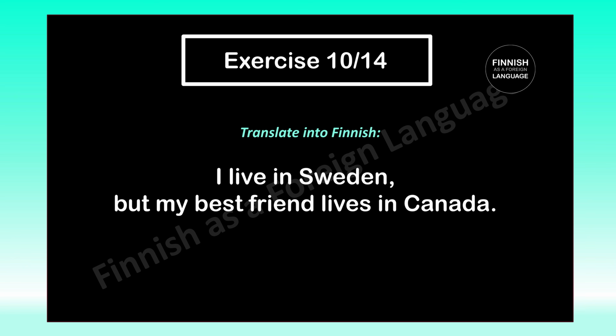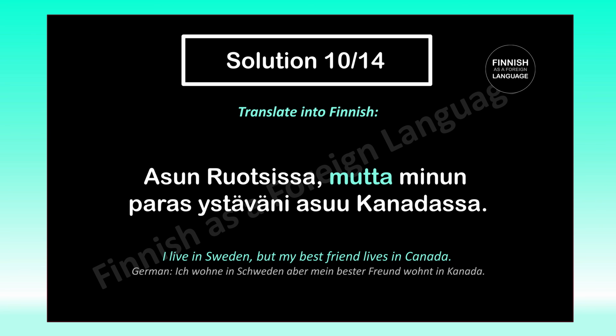Next one. Translate this sentence. I live in Sweden, but my best friend lives in Canada. Excellent. The answer is asun Ruotsissa, mutta minun paras ystäväni asuu Kanadassa. I live in Sweden, but my best friend lives in Canada. Next one.